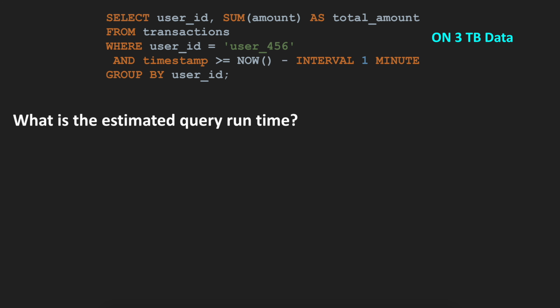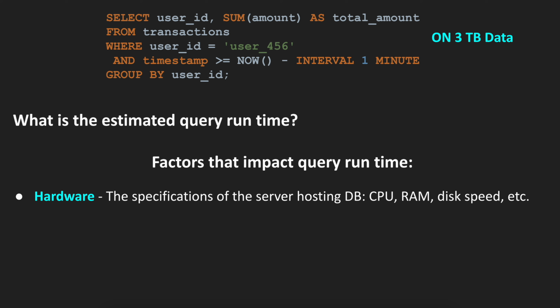So what is the estimated query runtime here? To answer that question, let's first consider the factors that impact query runtime. The first is hardware, the specification of the server hosting our DB: CPU, RAM, disk speed, and so on.